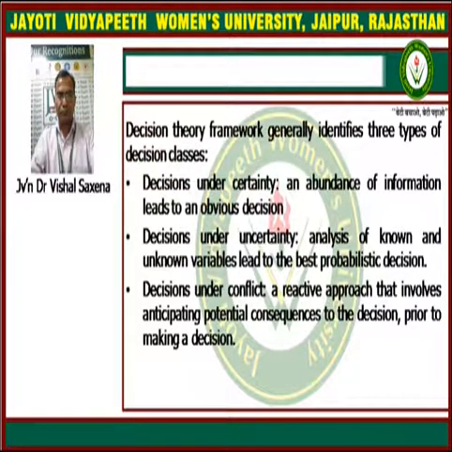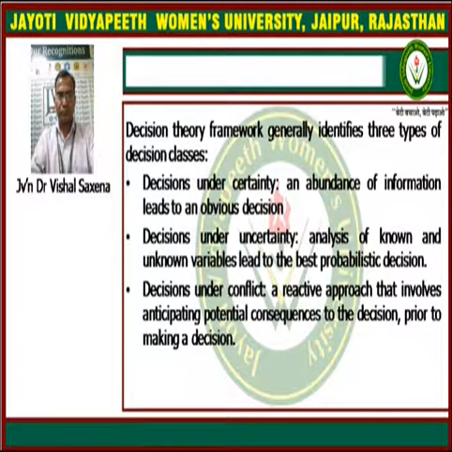While decisions under uncertainty can be defined as where the analysis of known and unknown variables leads to the best probabilistic decisions. As is clear from its name, decision under uncertainty means the conditions are not certainly defined.